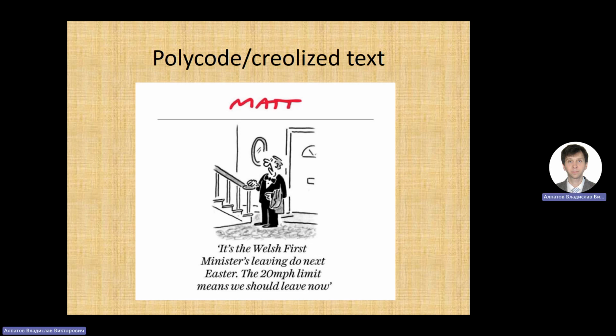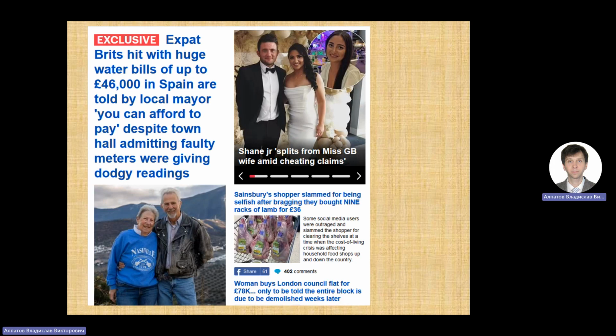Well, that's an example of just a cartoon. Right? Or, well, this is from the Daily Mail. So various newspapers have various ratio between pictures and text that they give. And this also, of course, affects how people perceive the text, right, together with the picture.